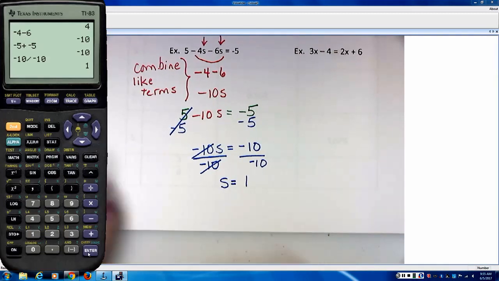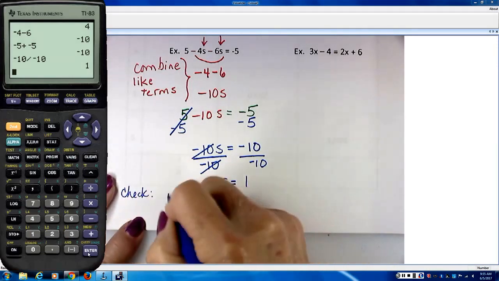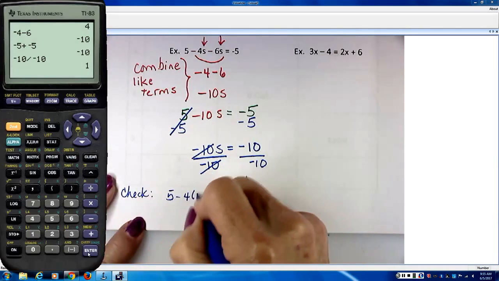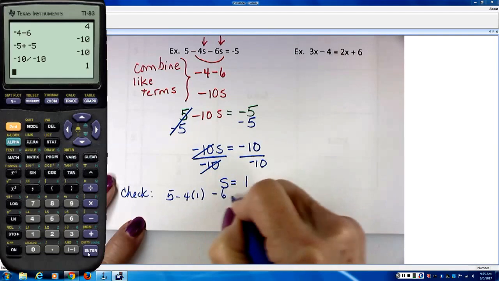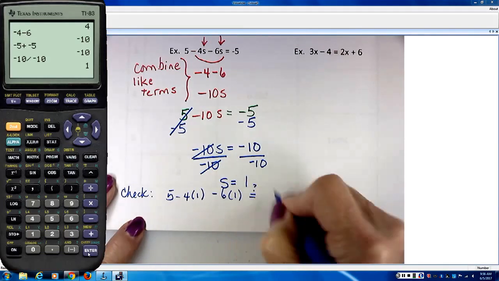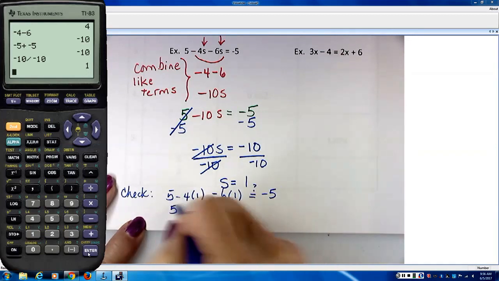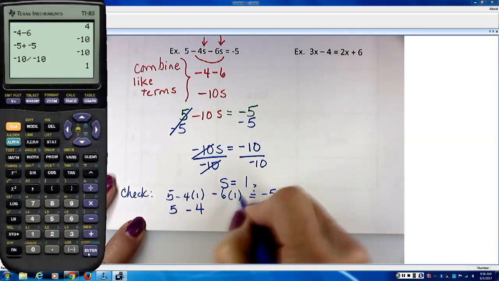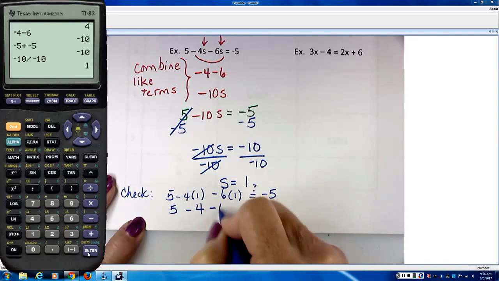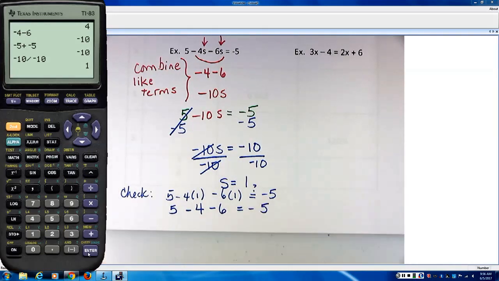And you still want to check. 5 minus 4 times 1 minus 6 times 1 is equal to, we hope, negative 5. That's 5 minus 4 minus 6 equals negative 5.